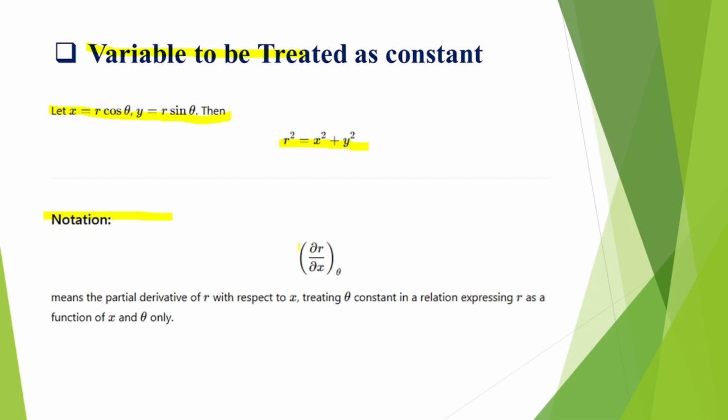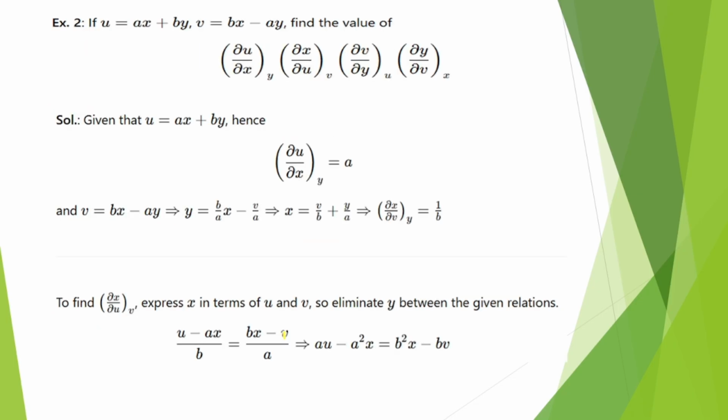So the notation ∂r/∂x keeping theta as a constant means the partial derivative of r with respect to x, treating theta as a constant in a relation expressing r as a function of x and theta only.